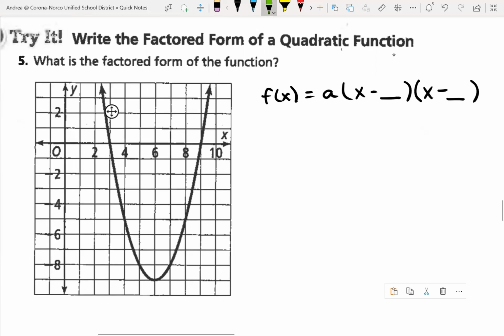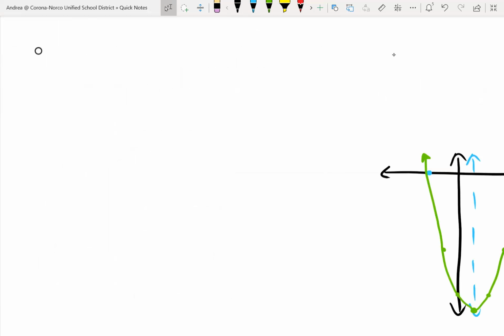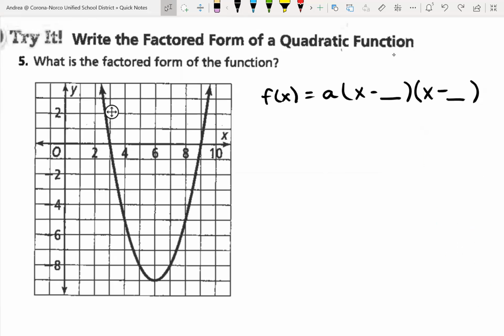So we want to identify our x-intercepts. So this is my x-intercept and this is my x-intercept. Okay, so we're going to plug those directly into it. It's at x equals 3 and 9.